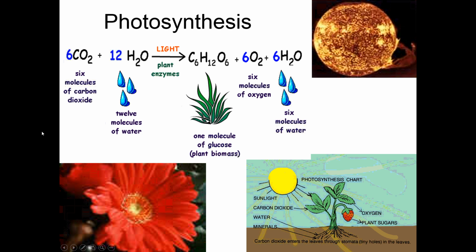We start with 6 molecules of carbon dioxide, 12 molecules of water. We need the radiant energy from the sun, and it's going to yield C6H12O6. This is the chemical formula for glucose.